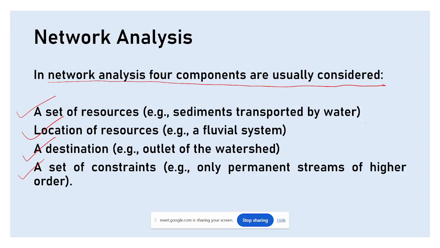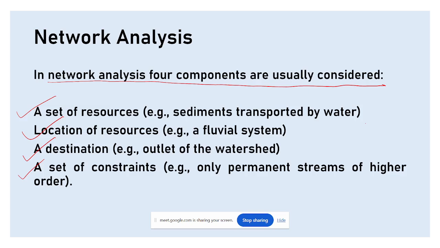Then you need to know where the destination is. So where that watershed or that fluvial system's outlet is present, that is where you can actually obtain these sediments. Then you also have to consider certain constraints, because a fluvial system is not just a single linear path, it has several networks.